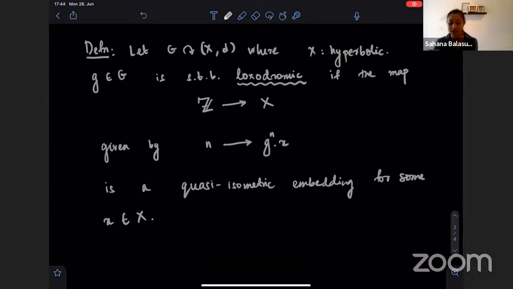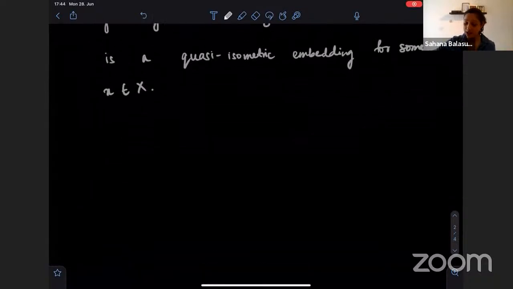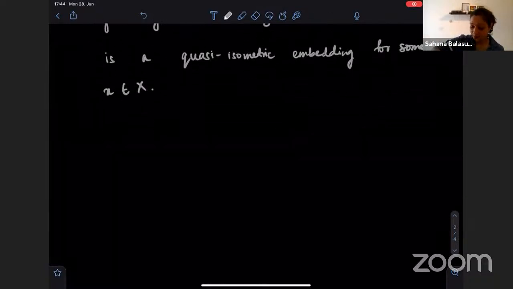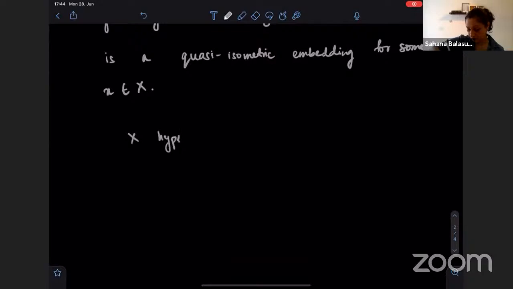And what's the nice thing about having loxodromic elements when you act on a hyperbolic space? Well, the nice thing is the following: if X is hyperbolic, then there is associated to this hyperbolic metric space a well-defined object which is called the Gromov boundary.